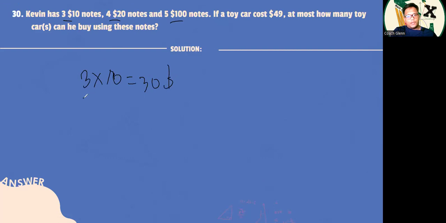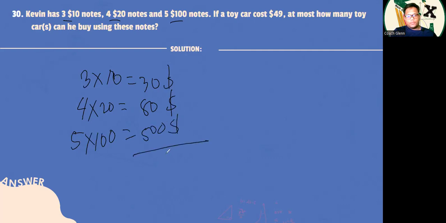Next, we have four $20 notes, so that's 4 times 20, which is $80. Next, we have five $100 notes, so that's 5 times 100, which is $500. So adding all of these together, we get a total of $610.